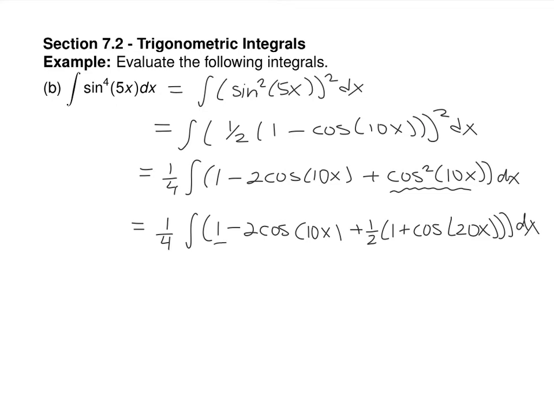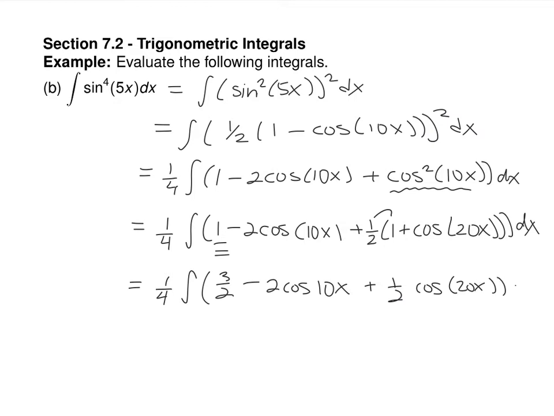And then adding this 1 to the 1/2 we get after distribution, we have 1/4 integral of 3/2 minus 2 cosine of 10x plus 1/2 cosine of 20x dx. And now you're in a position where you can integrate everything.